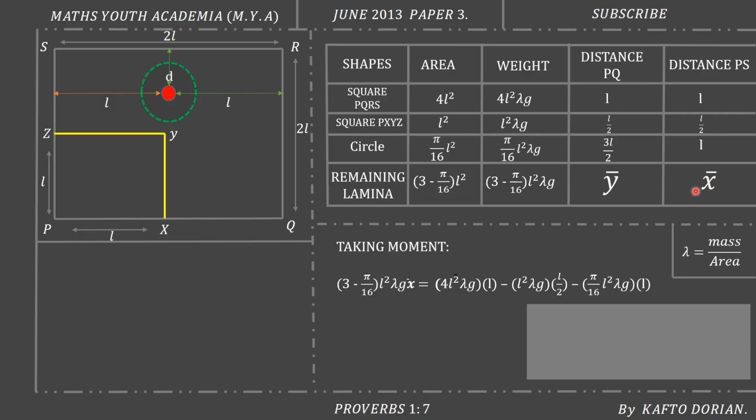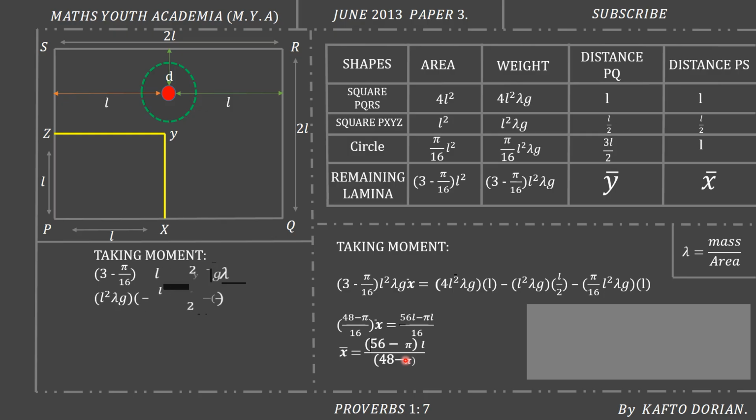This equals force times distance minus force times distance minus force times distance: 4L squared lambda g times L, minus L squared lambda g times L/2, minus pi/16 L squared lambda g times L. Simplifying correctly, I have my x bar as (56 minus pi) L over (48 minus pi).